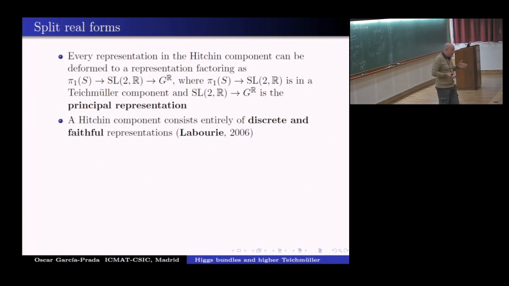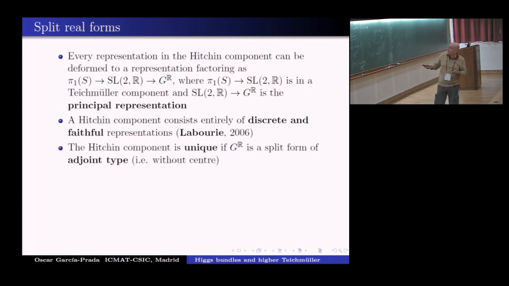The Hitchin component is unique if G_R is a split form of adjoint type. Otherwise, there are choices, and all of them are perfectly decent components of the moduli space, and each of them consists, from the point of view of representations, of discrete and faithful representations.